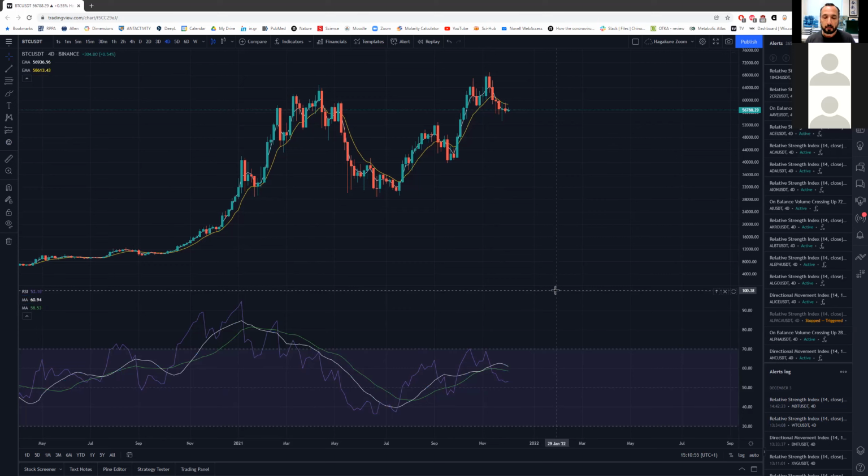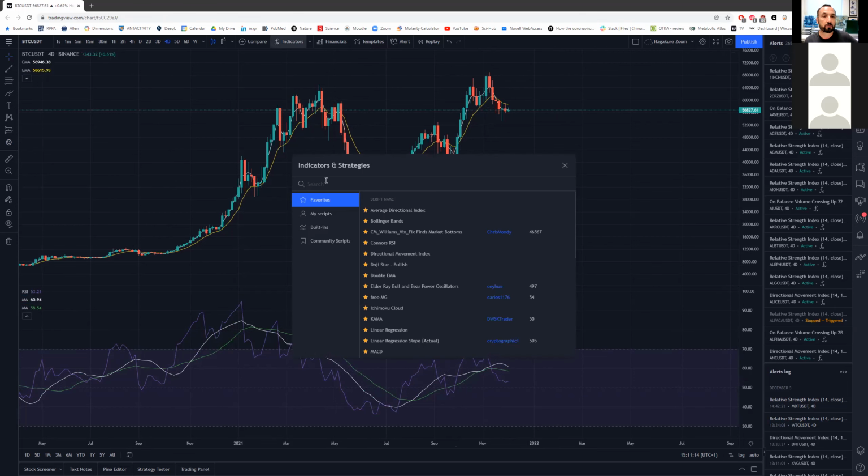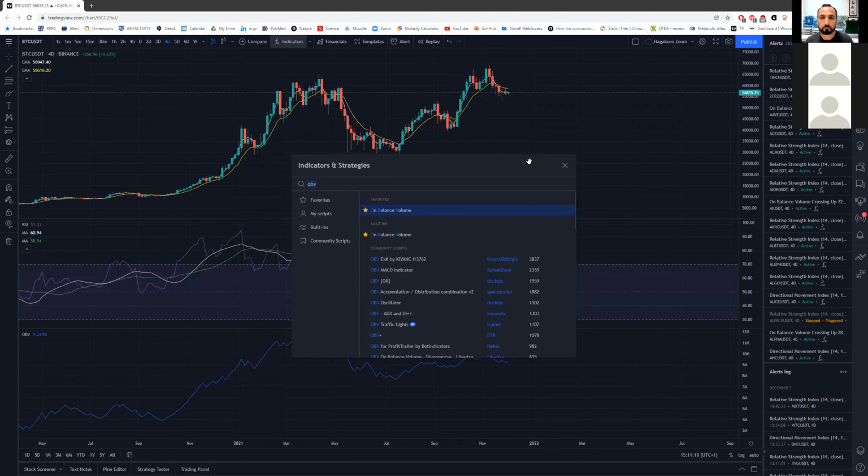Okay. Now, this is actually the most important indicator, when there is a crossing up of the MA by the RSI. Okay, now we have a lot more to add. Then what you need to do is you go to the indicators and you select the on balance volume.